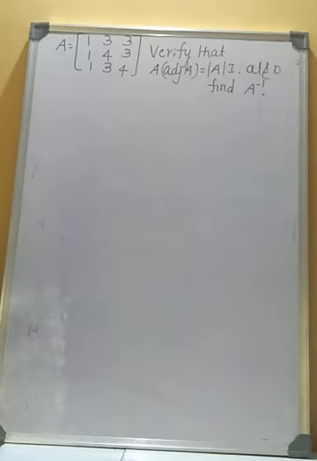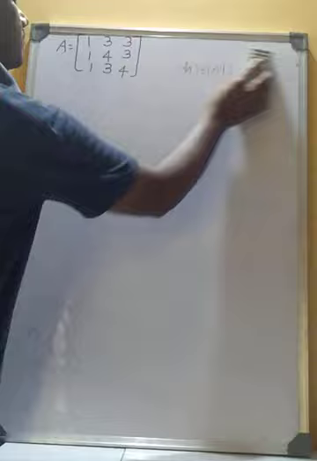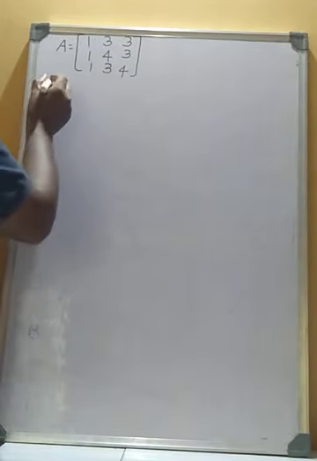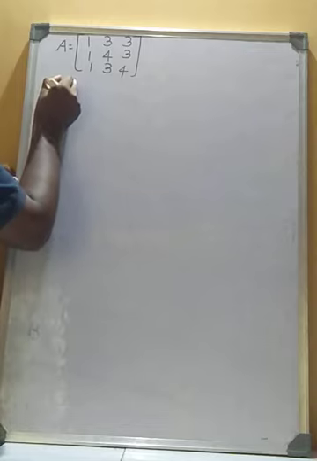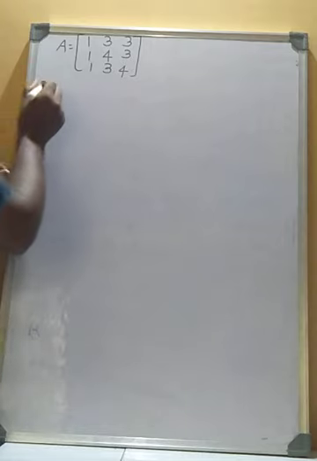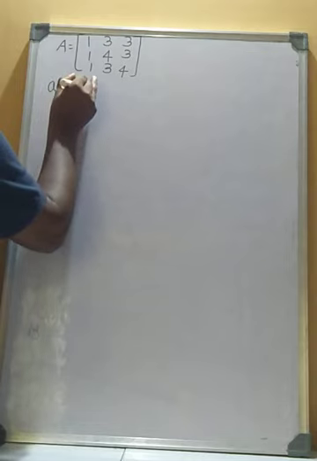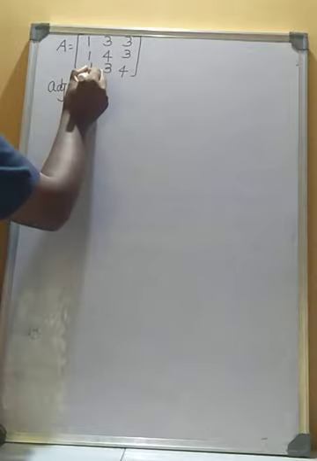So it is a 3 cross 3 matrix. Let A equals [1, 3, 3; 1, 4, 3; 1, 3, 4]. First find adjoint A, that is equal to the transpose of the cofactors.